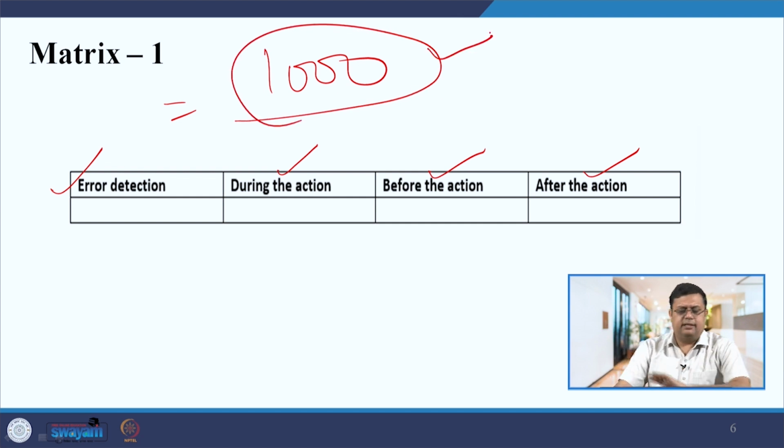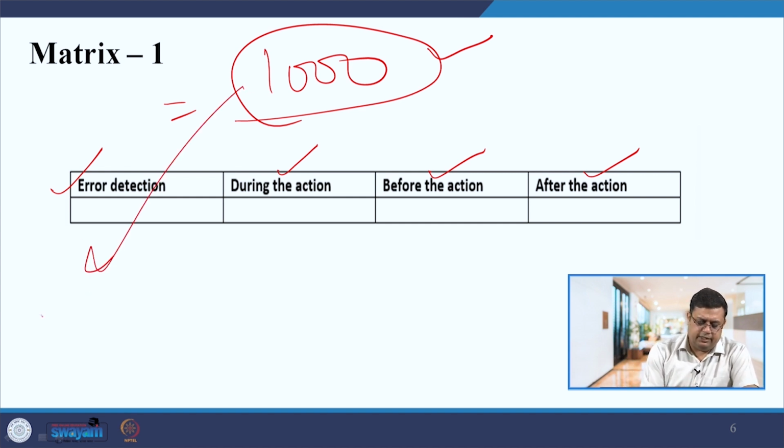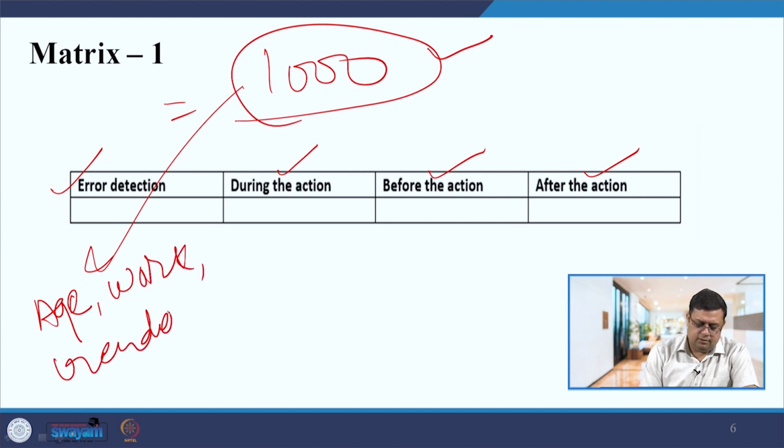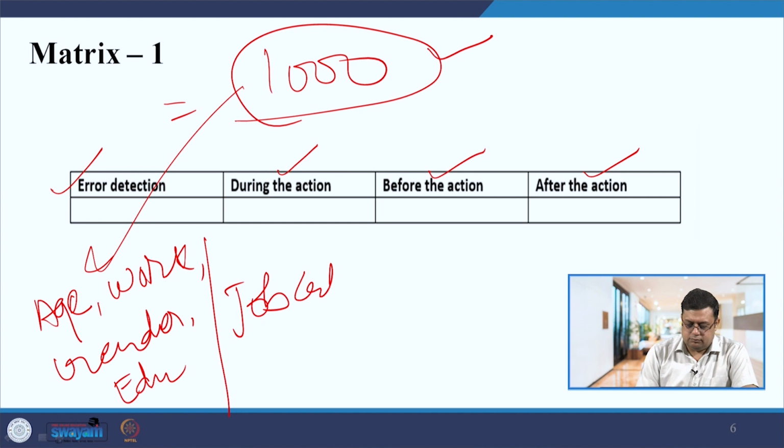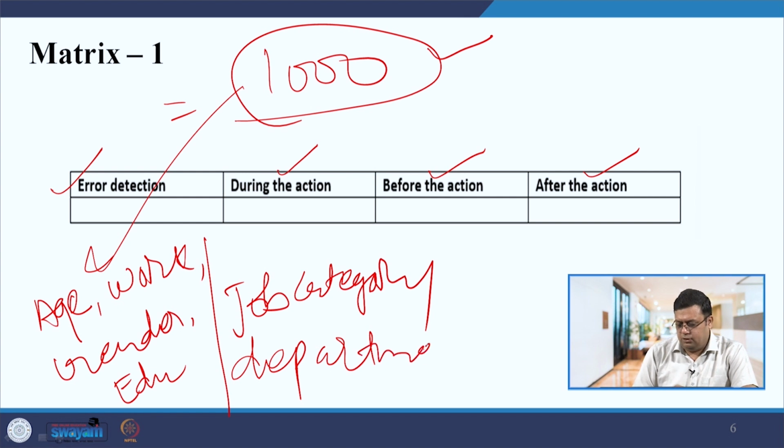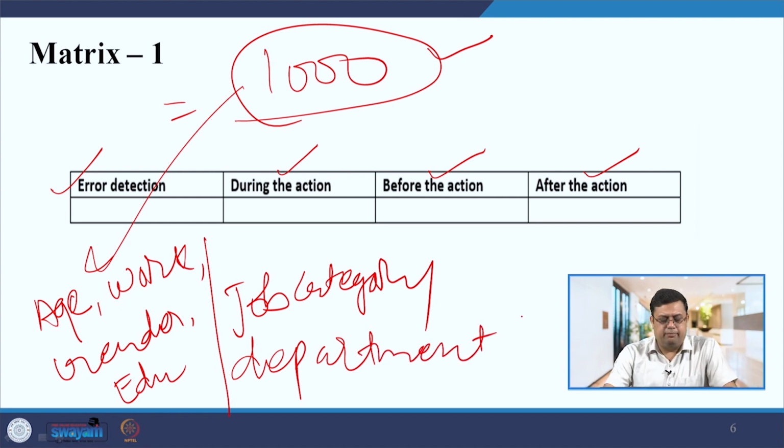Those errors you can identify using a few basic demographic variables that I already mentioned: employee age, work experience, gender, education, job category and department. Based on these demographic or categorical variables, you can visualize these errors.